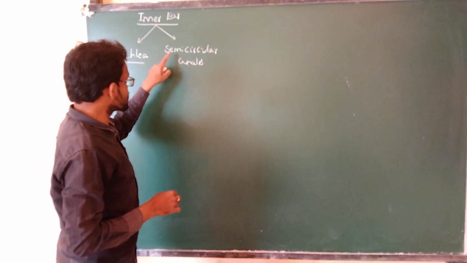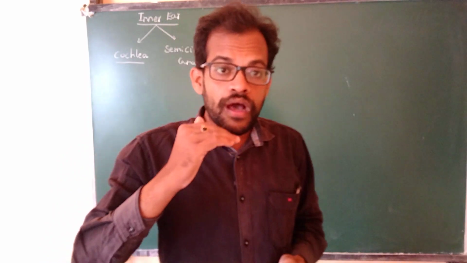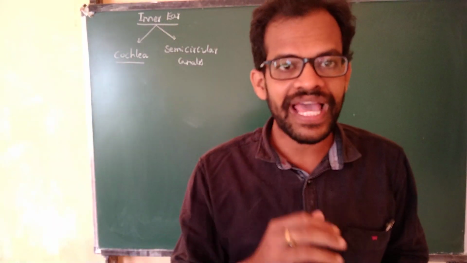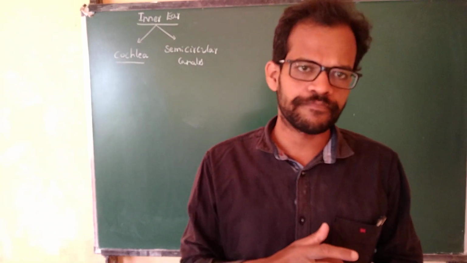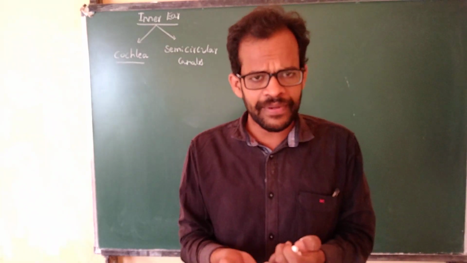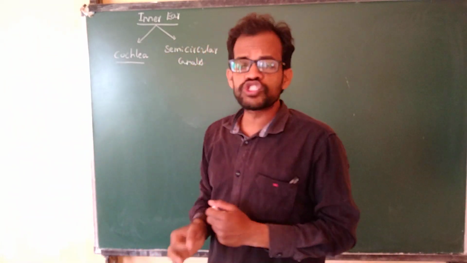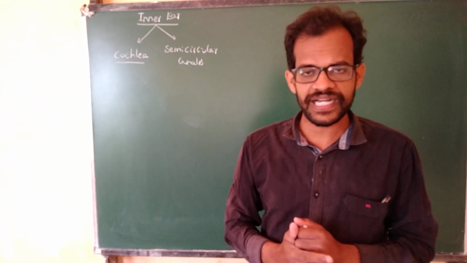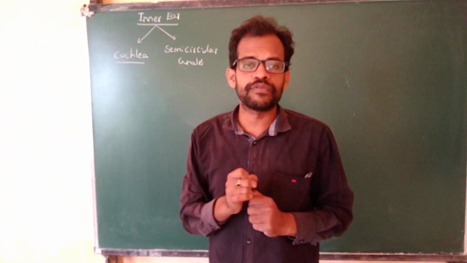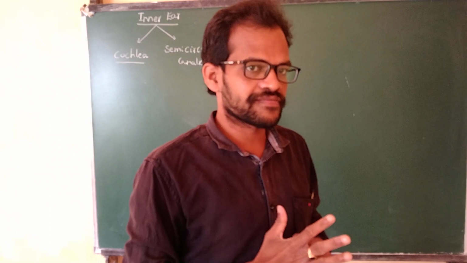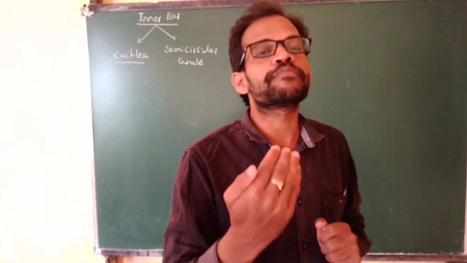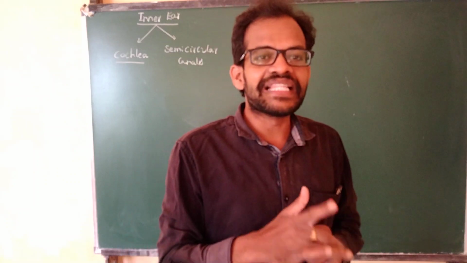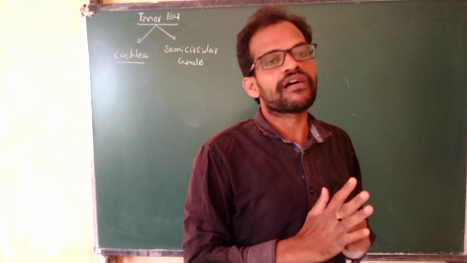In the cochlea and semicircular canals, the outer part is made up of the bony labyrinth and the inner part is made up of the membranous labyrinth. The cochlea is helpful for the hearing process. The semicircular canals help to maintain the balance and equilibrium of the body.